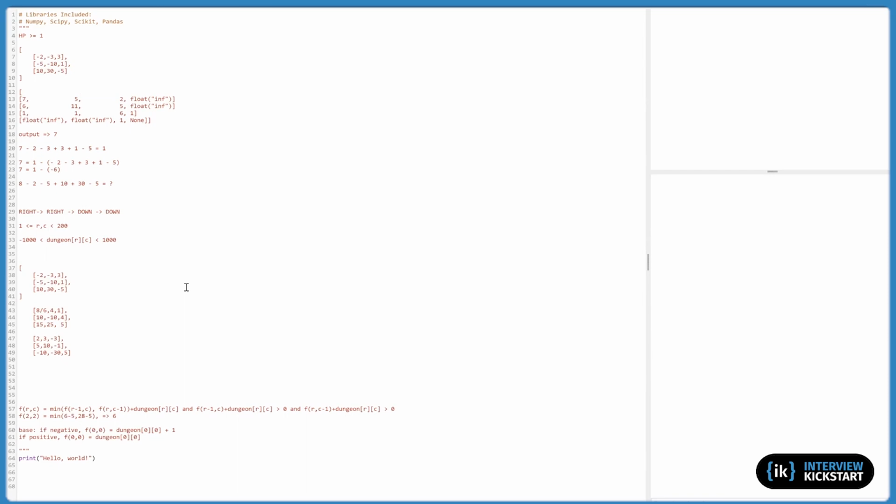I mean, the starting 0, 0 is the smallest health for a successful path that's needed to get to the lower right corner of a dungeon.